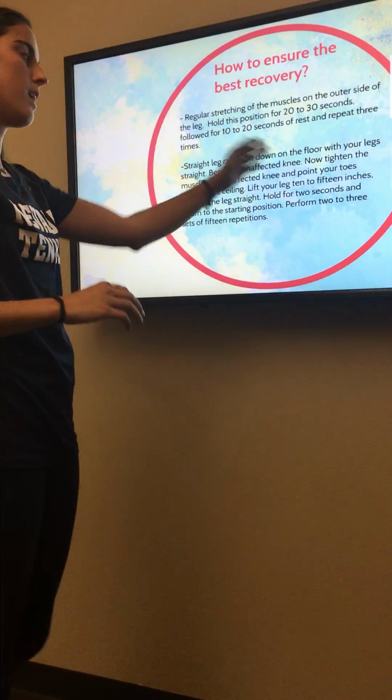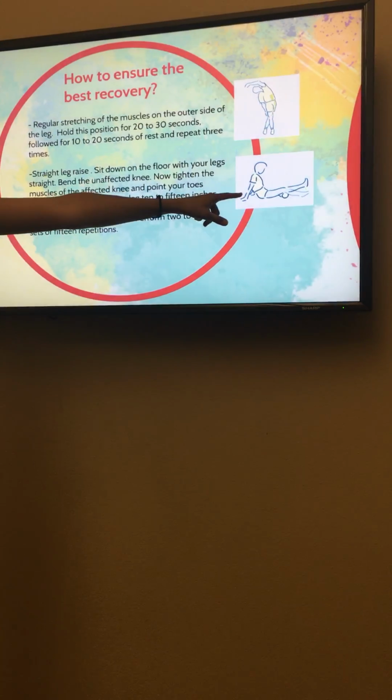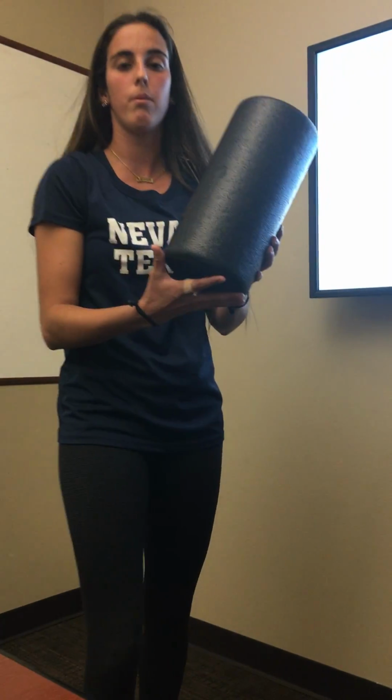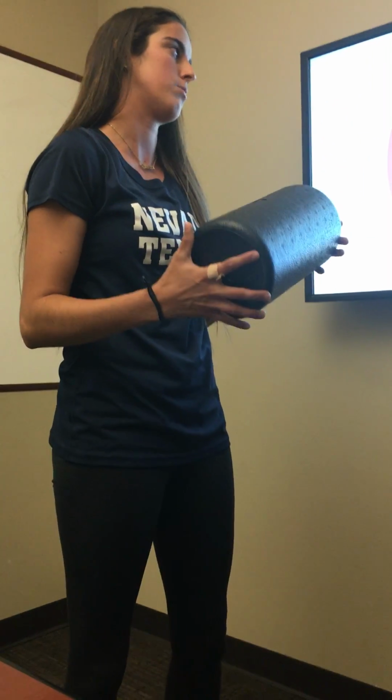Also, here in the picture we can see another exercise that is very useful to have a better recovery. Here I have the roller that is going to help also to do this kind of stretch.